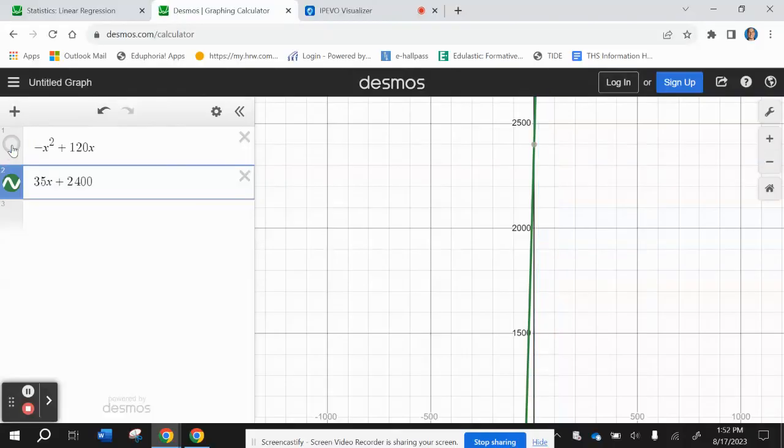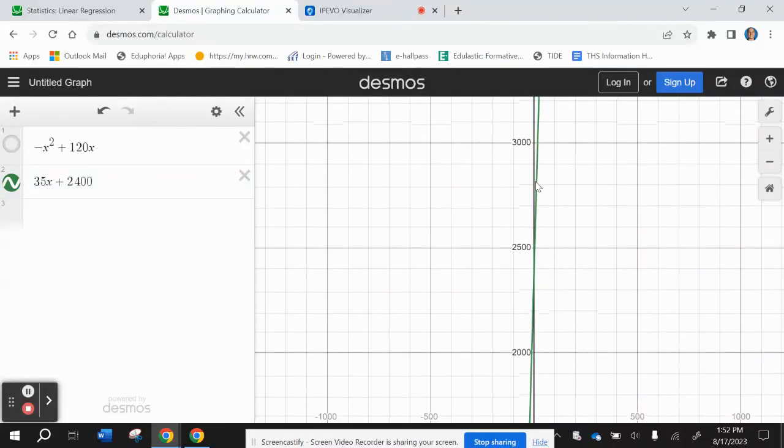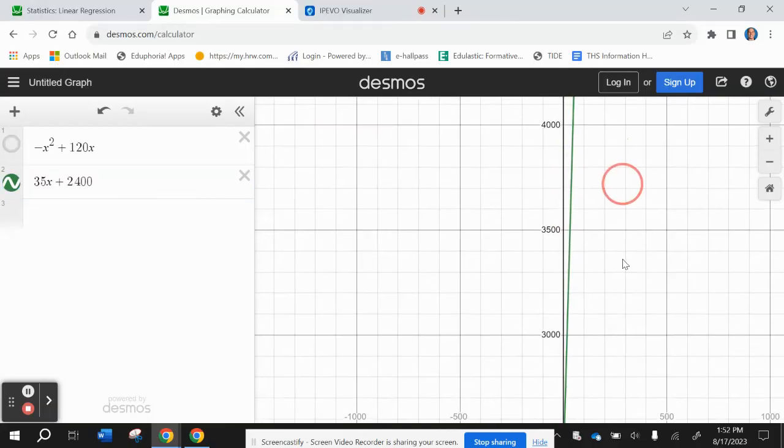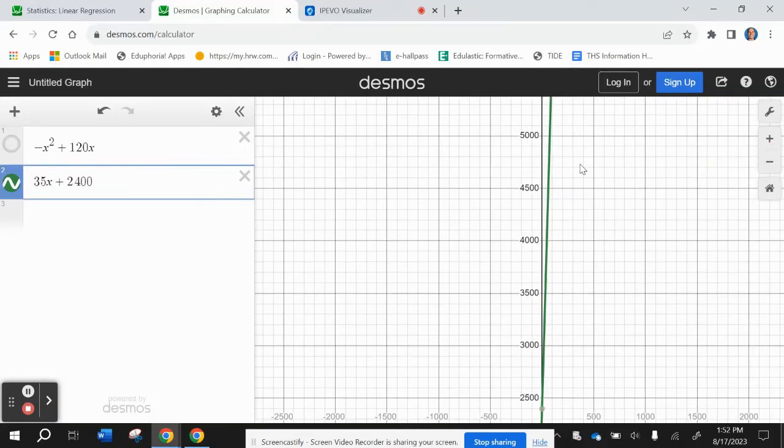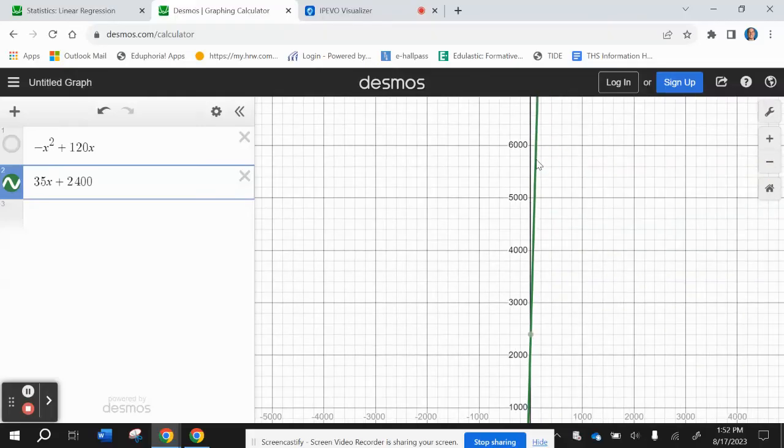One thing you can do is de-highlight this line so I can just look at this line. Again, zooming out, see if I can find a point. 100, 5,900. That's above our graph. So let's see if we can go down. 70, 4,850, still above the graph. So we're looking for probably a whole number in 10. So let's try 40. 40, 3,800. Okay, that's a good point.